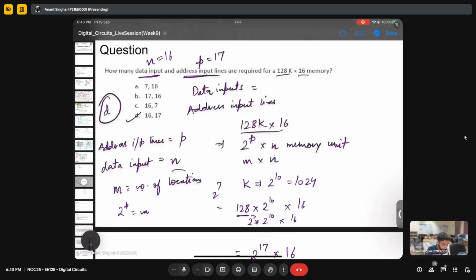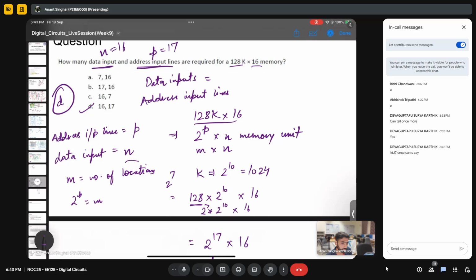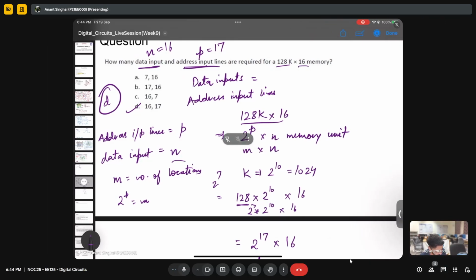Is it clear, everyone? The question is asking for data input and address lines.